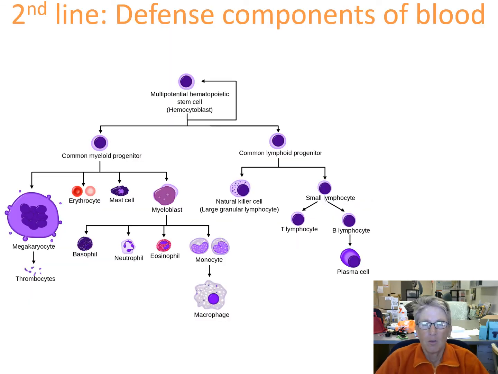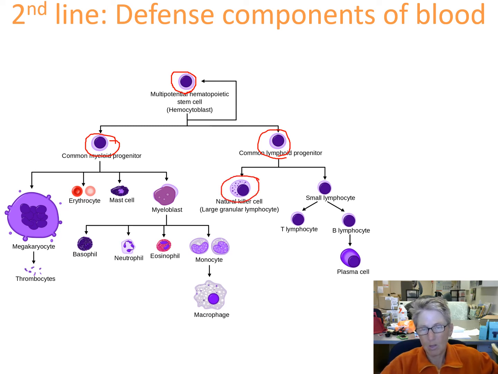You don't have to know all the details of this. It's just kind of cool. So here's the hemocytoblast, or the multipotential hematopoietic stem cell. From that stem cell, you can get a common myeloid progenitor or a common lymphoid progenitor. The lymphoid progenitor will lead to your natural killer cells, the B lymphocytes and the T lymphocytes, and the B lymphocytes turn into plasma cells to make antibodies.